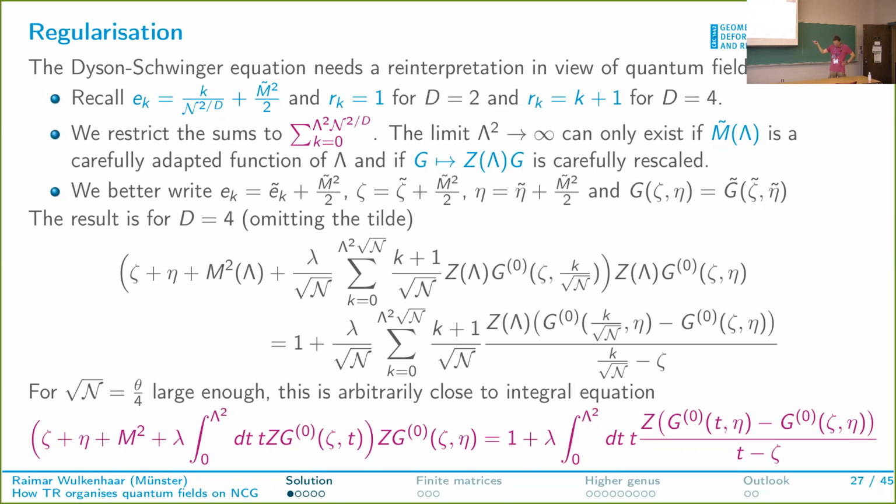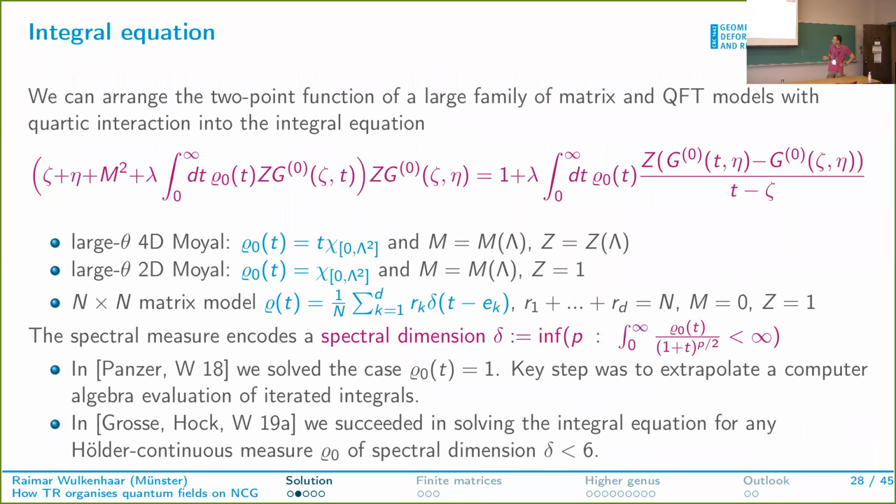We had this equation in 2009, and it took us almost 10 years to solve it. Now we can remark that we can put a whole list of models into this equation. We only have to say what this measure is. On the previous slide, we had the measure as t times the characteristic function on 0 to lambda squared. That is the 4-dimensional case.